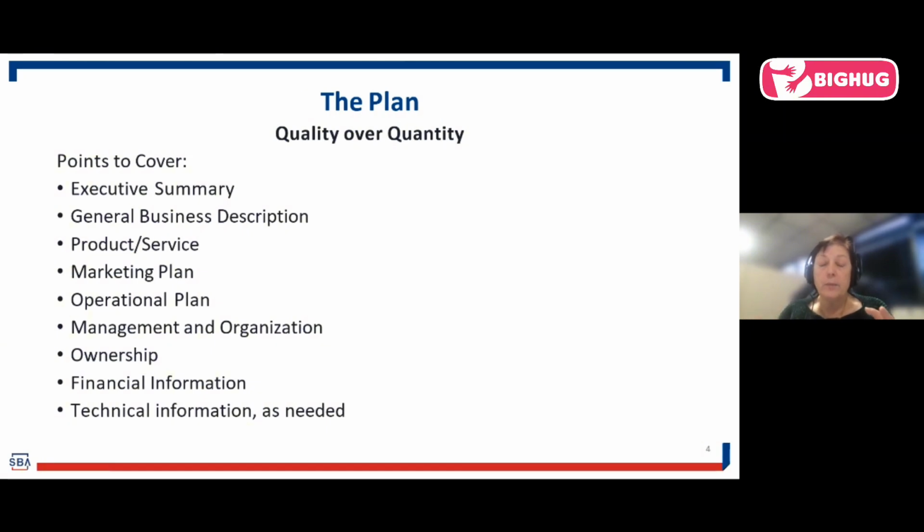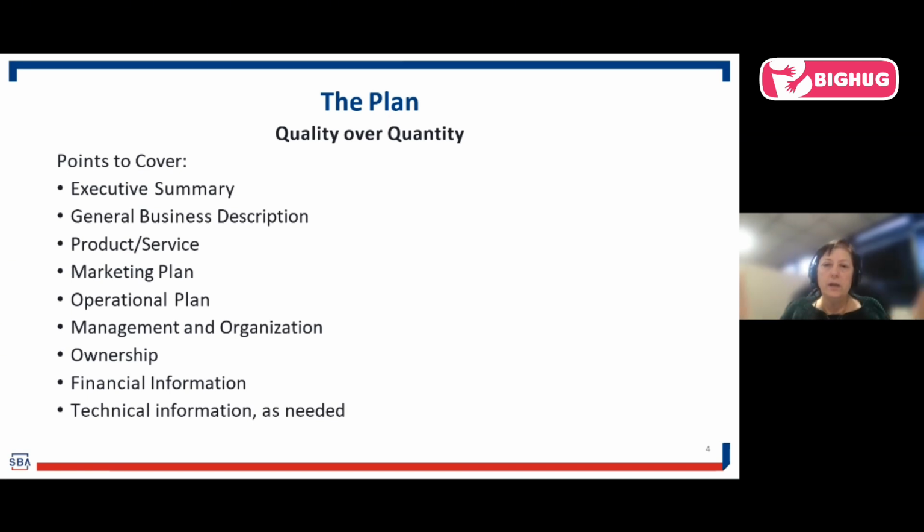And then you want to talk about who's going to do that and how you're going to meet your customer in terms of building that customer base. So these are the elements of that business summary. And then you're going to go through and do a general business description.